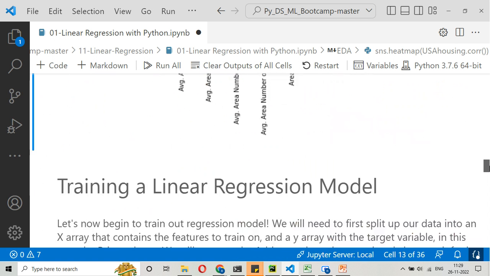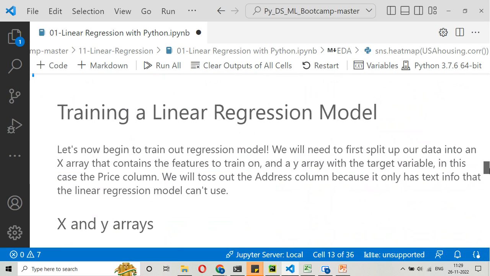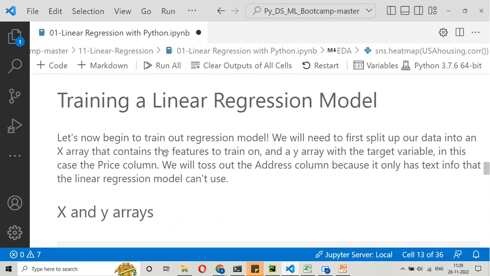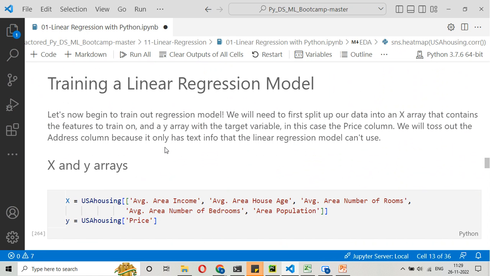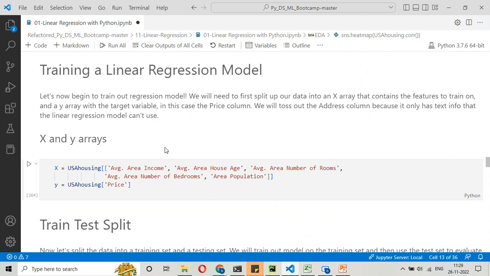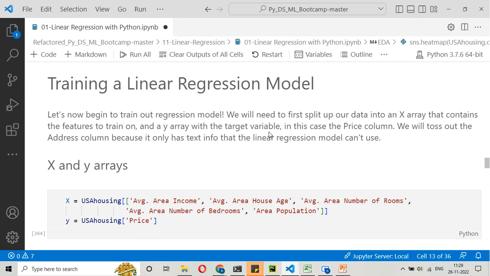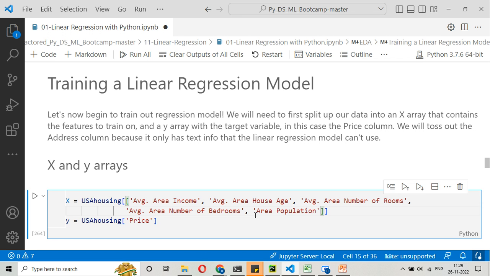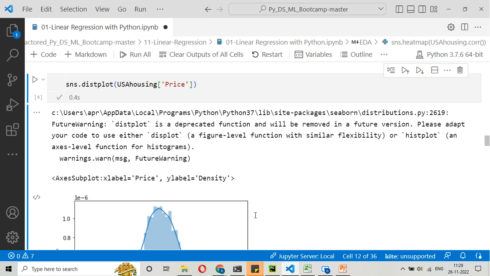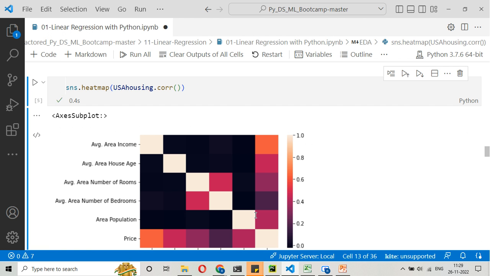And after this, we want to train the regression model. Rishi, can you stop at the model? Above. Can you go still up? There was one graph, the colored one, the heat map.